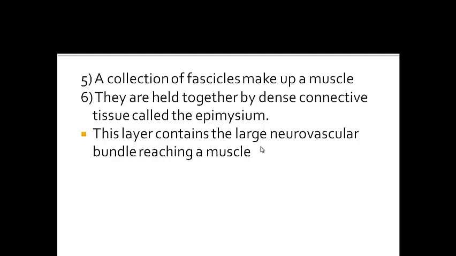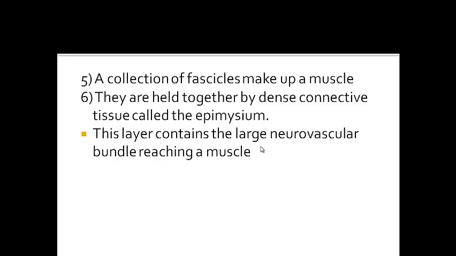So just basically think of it that each structure that makes up the muscle is going to be surrounded by a layer of connective tissue that holds them together, and then each connective tissue layer has a specific part of the blood supply and nerves that is found within it.